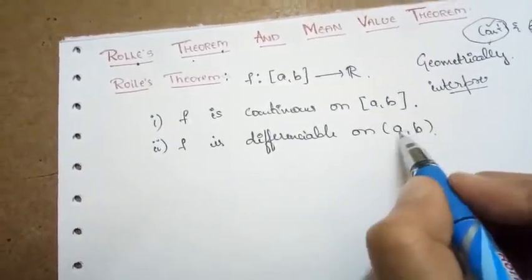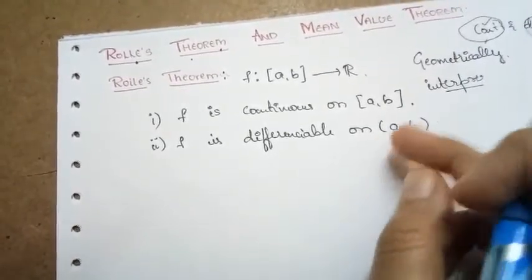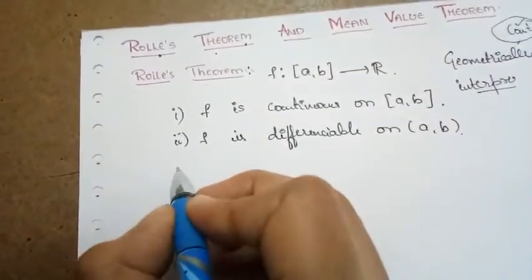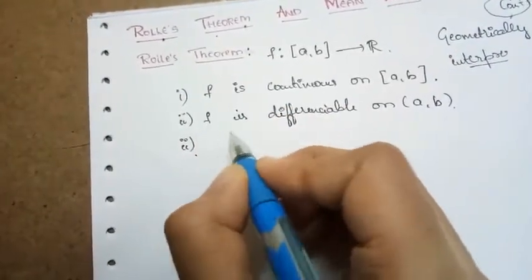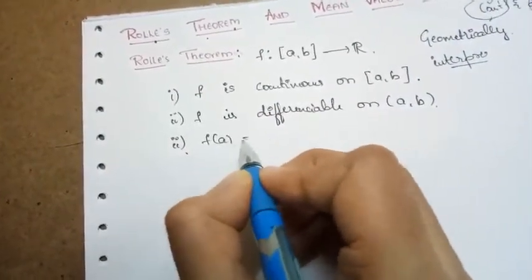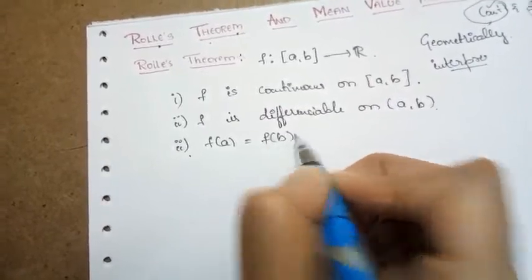That means at the end points of [a, b], the function f need not be differentiable, and they are saying f(a) should be equal to f(b).